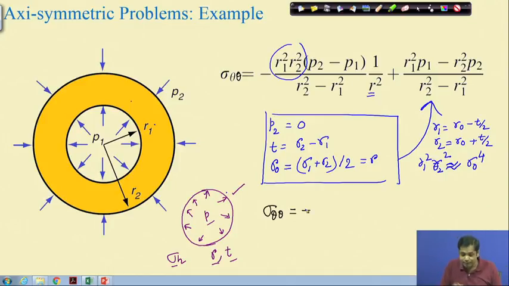And then sigma theta theta becomes R0 to the power 4, and then P2 is equal to 0, this is minus P1. Suppose P1 is equal to say P. So, this is P, and then this becomes 1 by R0 square, and R2 minus R1 into R2 plus R1, R2 minus R1 becomes T, and R2 plus R1 becomes 2 into R0.